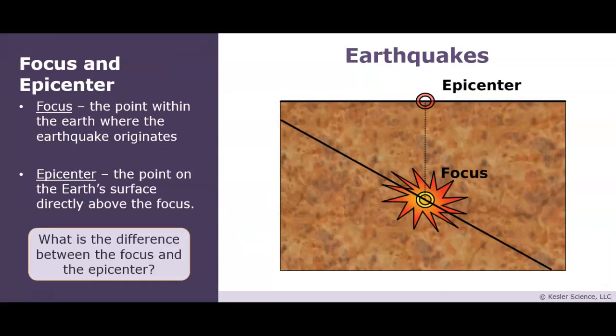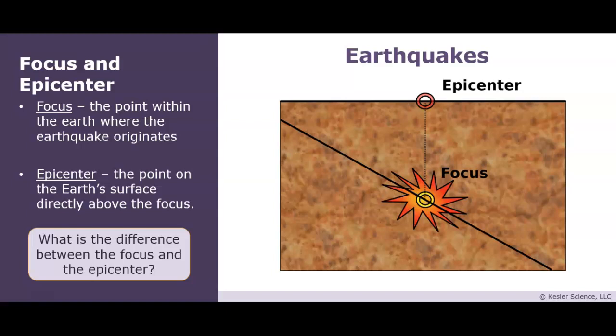One of the last things we want to take a look at today is something called the focus and the epicenter. The focus is the point where the earthquake actually originates. That is usually down inside of the crust. It's not right up at the surface where we walk around.